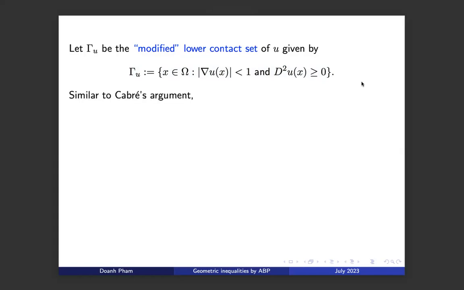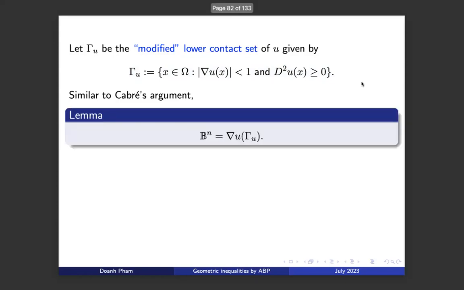Then, similar to Cabre's argument, we would have the unit ball is the same. Instead of a subset, now it is the same because we modify gamma U so that the gradient of U is less than 1. Because of that, one can easily see that the gradient of U on gamma U is a subset of the unit ball. And by looking at the Legendre transform, we can show the reverse relation, just like in the proof by Cabre.